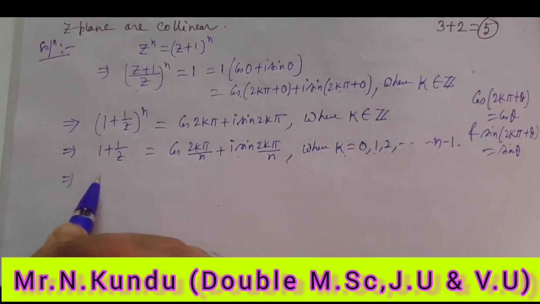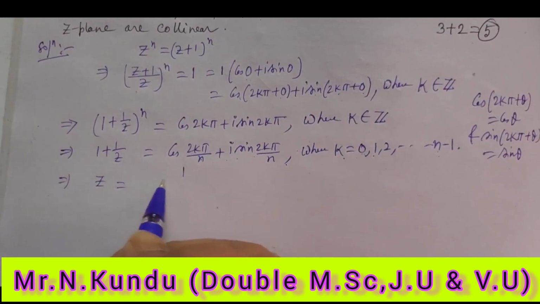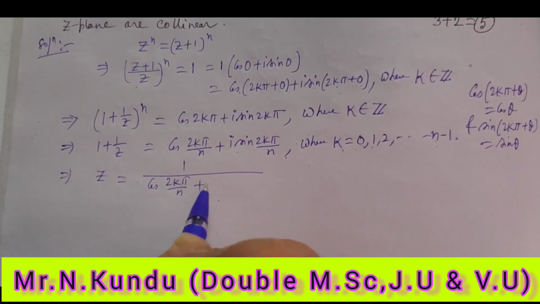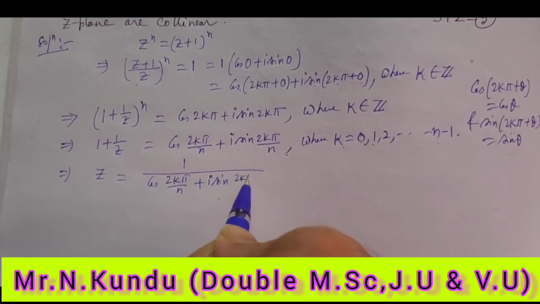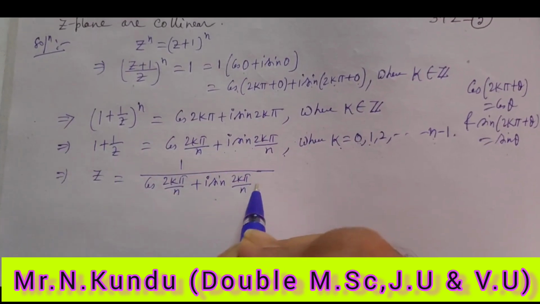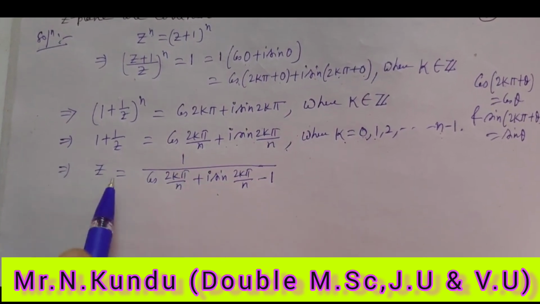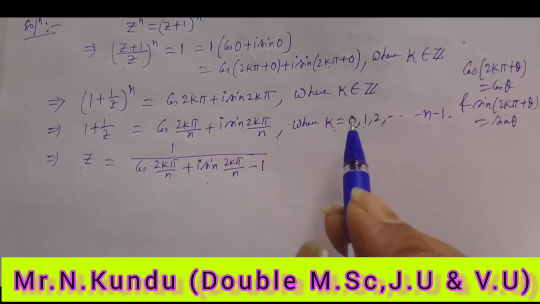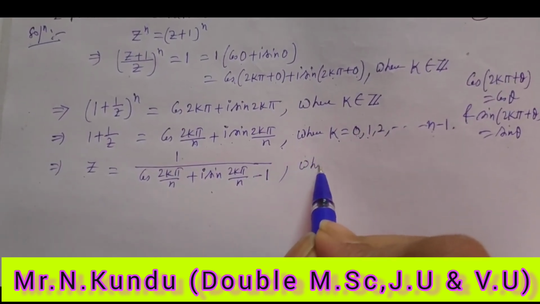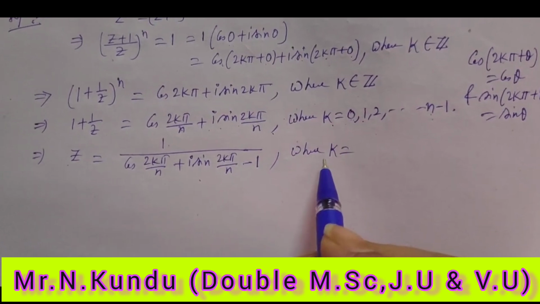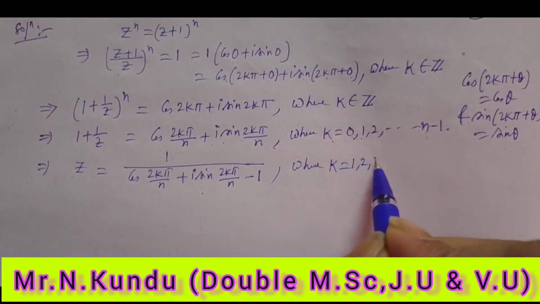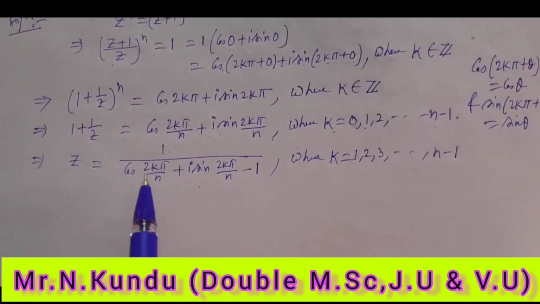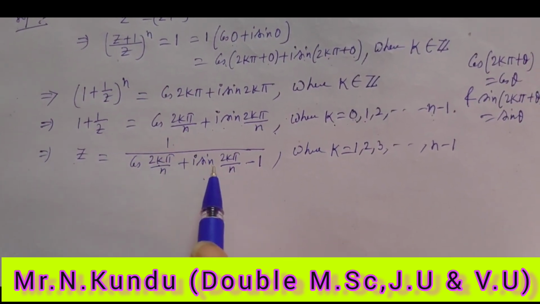So this implies z equals 1 upon cos 2kπ by n plus i sin 2kπ by n minus 1. So this is our z. Remember here in this step k runs from 1, 2, 3 up to n minus 1, because for k equals 0 we see cos 0 plus i sin 0.